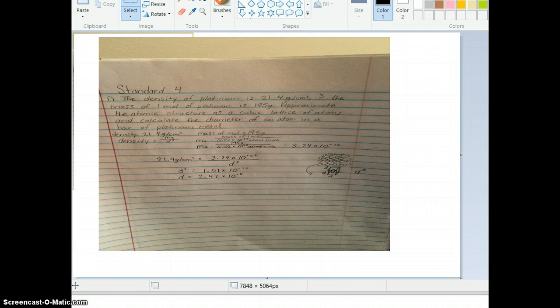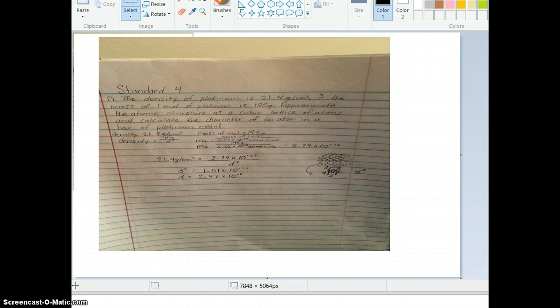Then we'll do basic algebra to get our diameter cubed to one side by dividing 3.24 times 10 to the negative 22 by 21.4 grams per cubic centimeter, and that will equal 1.51 times 10 to the negative 23rd, which is our diameter cubed.